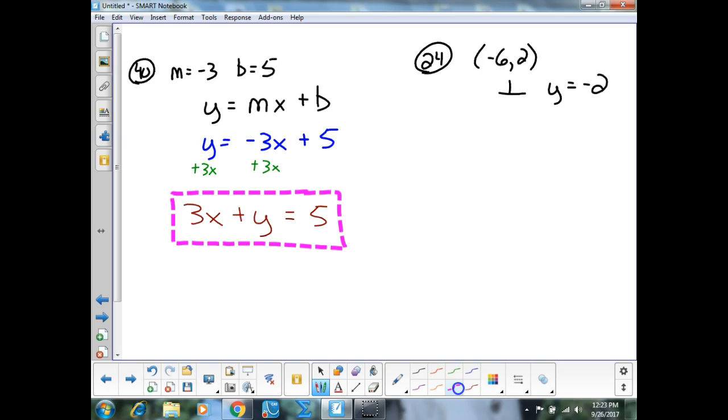Okay, what kind of lines are perpendicular to horizontal lines? Vertical lines, right? All vertical lines have the form of what? Horizontal lines will have the form y equals some number. So it'd be x equals something, right? Okay. So what is the x part of my point? -6.